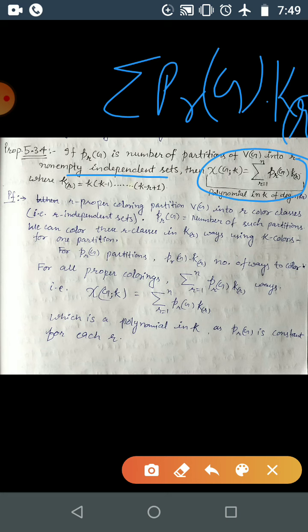And what is k_r? It is k times (k minus 1) and so on up to (k minus r plus 1). So this was the formula for the chromatic polynomial of G when k colors are given.